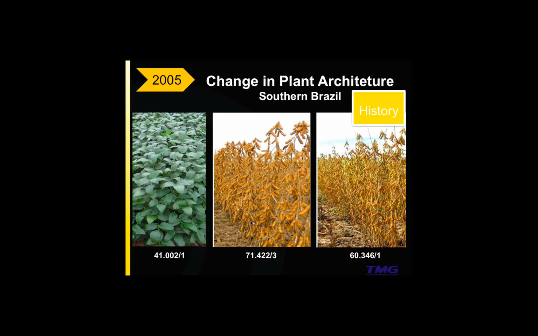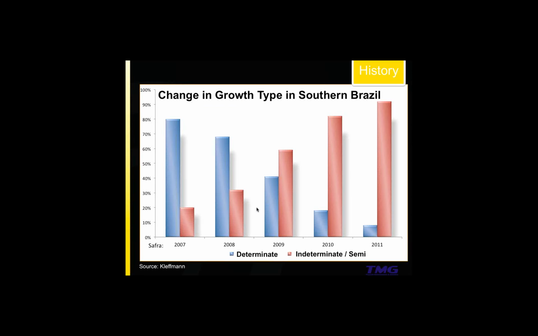That started in southern Brazil. And this slide shows what happened from 2007 to 2011 here in Brazil. We went from 80% of determinate types, and now we essentially are running close to 100% of indeterminate or semi-determinate types.